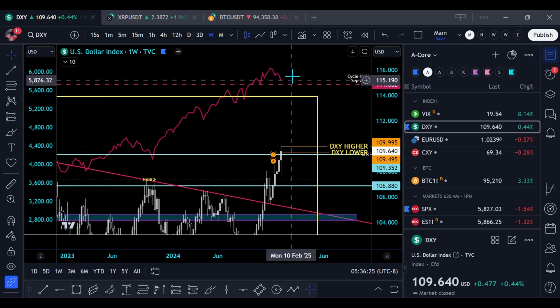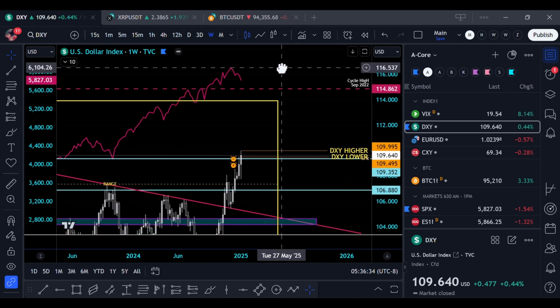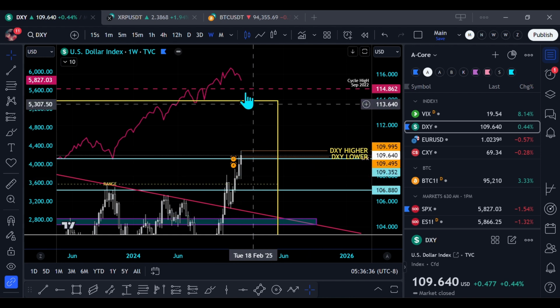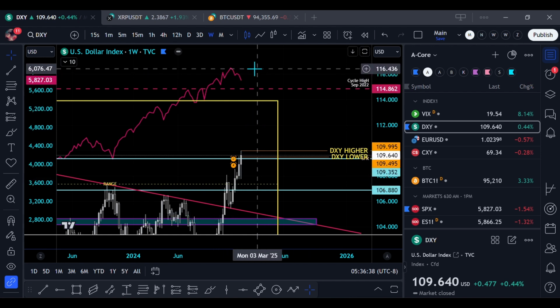And if it's something like Bitcoin, which post-halving typically enjoys its massive bull run parabolic phase, if the DXY keeps climbing, you might see Bitcoin consolidate for a few months.